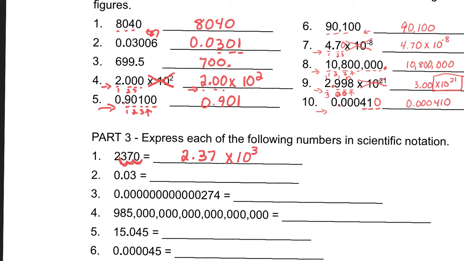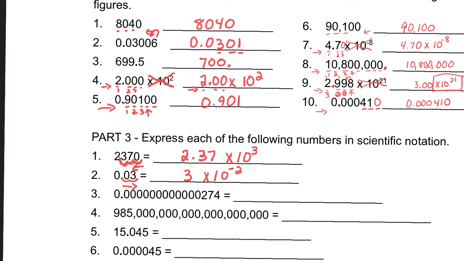Let's take a look at number 2. For number 2, my decimal is here. Again, I have to have it greater than 1 and less than 10. So if I move this decimal 1, 2 places, that's going to make it 3. And then I moved it 2 places, so it's going to be times 10 to the negative 2. So if I move a decimal to the left, it's going to be a negative number. If I move the decimal to the right, it's going to be a positive number.